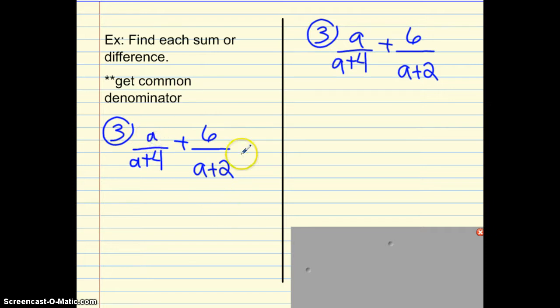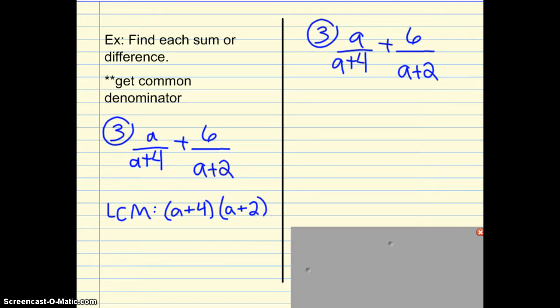There we go. So when I do my LCM for these, there's no nice way to do it, so I'm just going to have one of each. So a plus 4 and a plus 2.